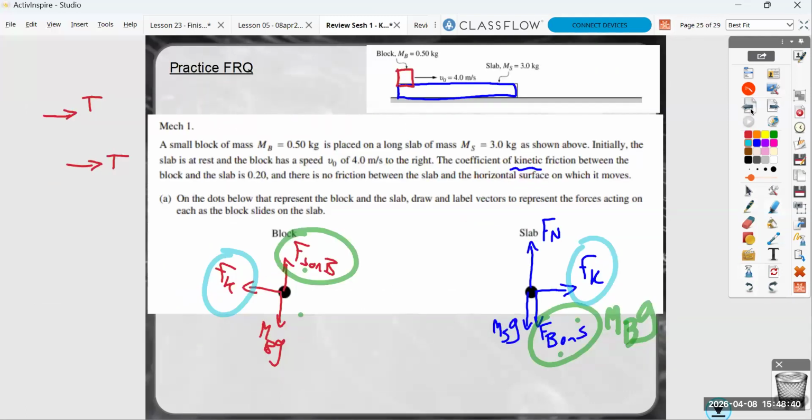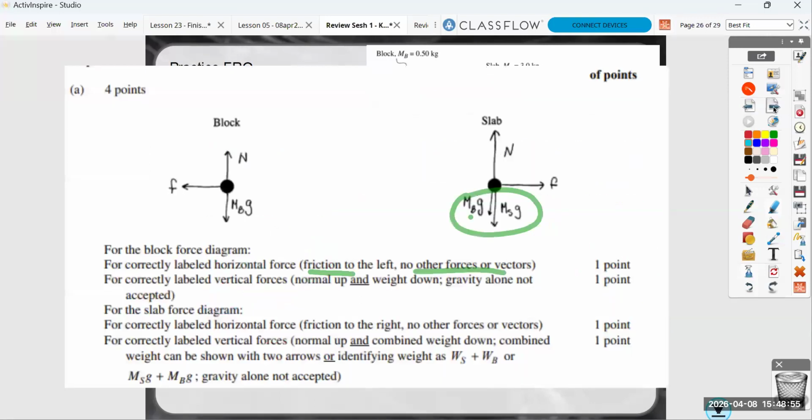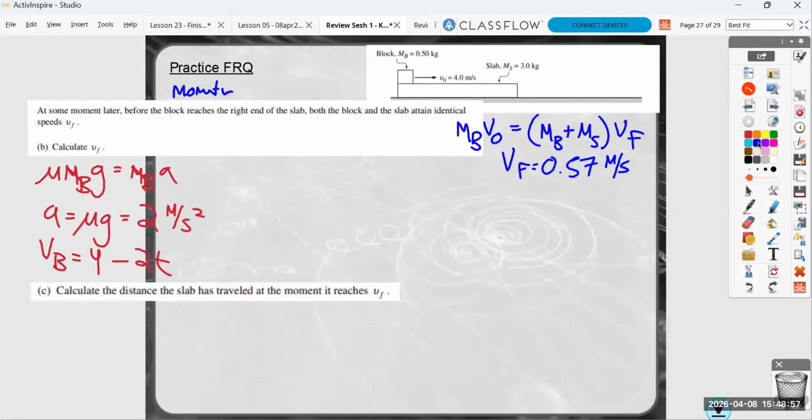What people want to do is recalculate this and be like, oh, this is going to be mu times the normal force, and look at that normal force. The normal force here is the force between the two blocks. More to the point, by Newton's third law, those two friction forces have to be the same. If you actually calculate 0.2 times 0.5 times 10, you find that this friction force is exactly 1 Newton.